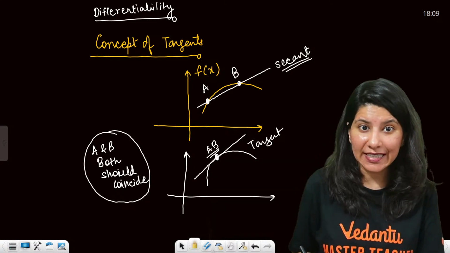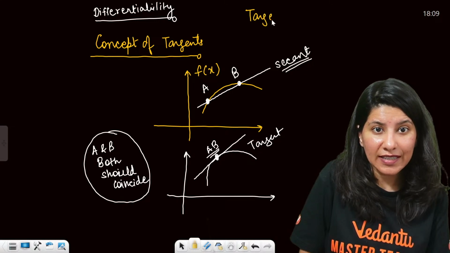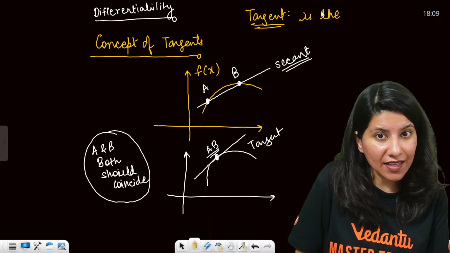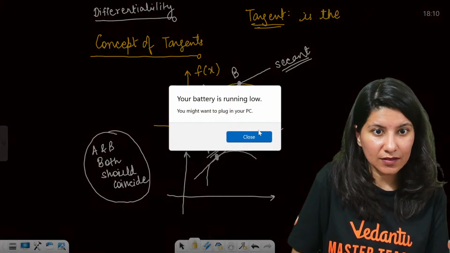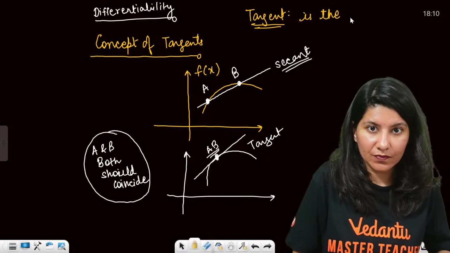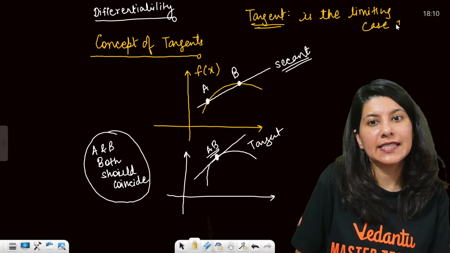So basically, if I tell you the definition of tangent, can I write: tangent is the limiting case of secant.